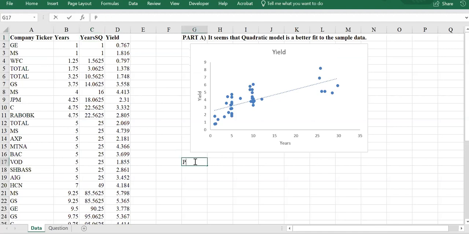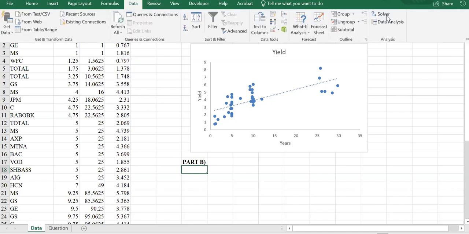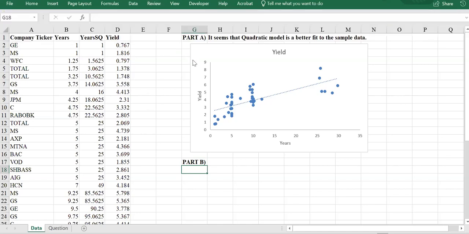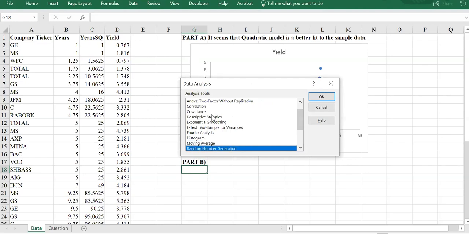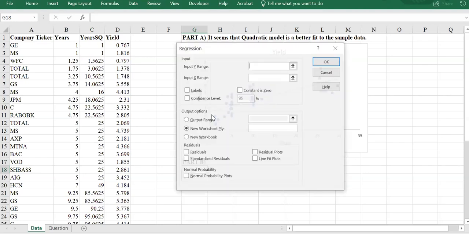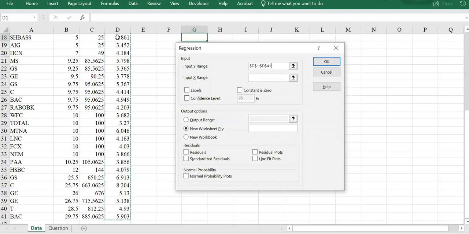So for part B, running the quadratic regression, we just need x and x squared. We go to data analysis, regression. The Y range is going to be the yield.